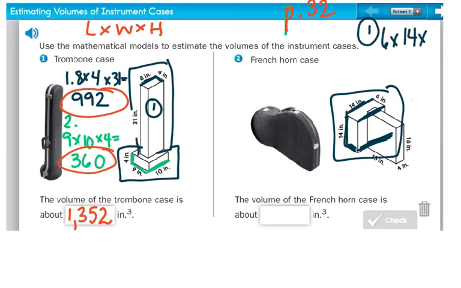And then the height is 14 as well. So on your calculator, take 6 times 14 times 14. What did you get for volume? You should get 1,176.